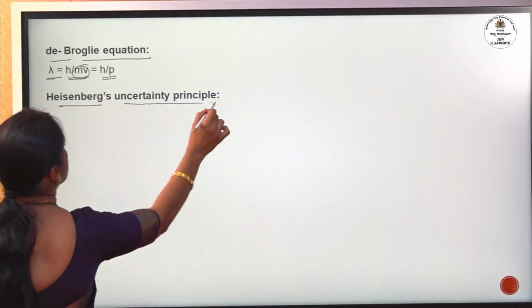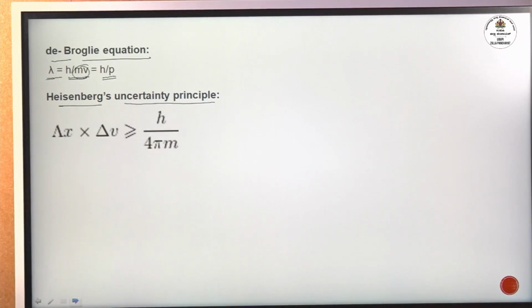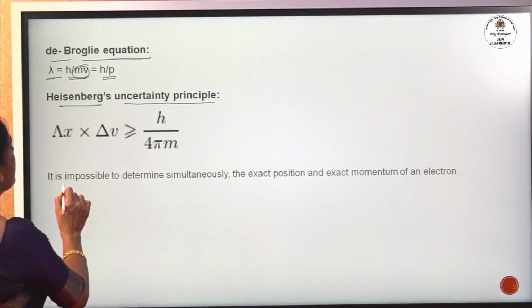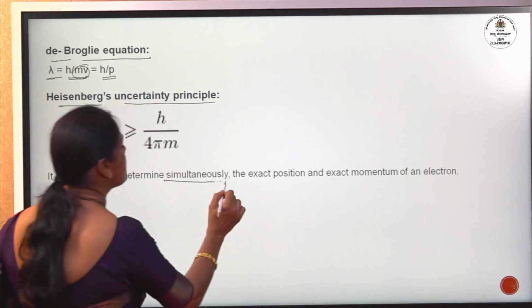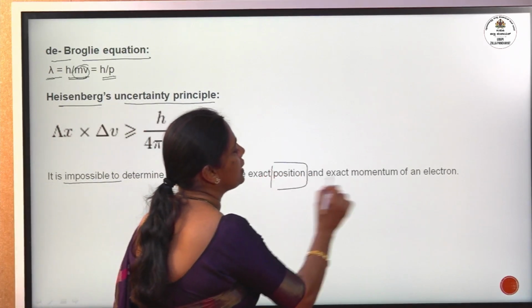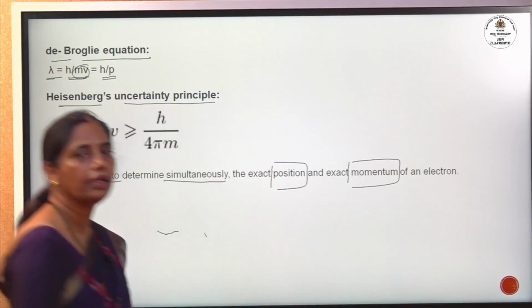One more principle is Heisenberg's uncertainty principle, which states it is impossible to determine simultaneously the exact position and exact momentum of an electron.